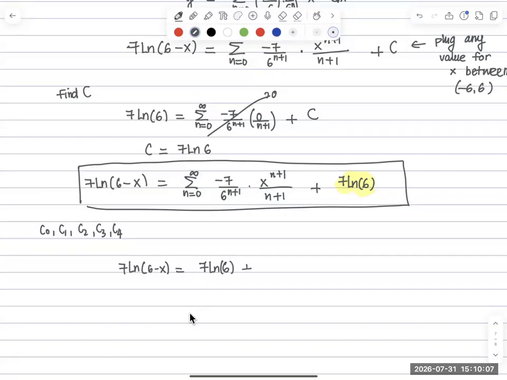And then we add the first term where n equals 0. We have the term -7/6 to the power 1 times x to the power 1 over 1. So it's -7/6 x. And then we continue with the next term. When n equals 1, I just put in 1.